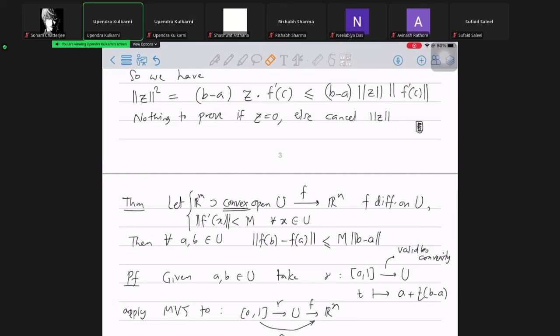What I did not appreciate is that in the hypothesis, when we said that the norm of f prime of x is less than M, what is f prime of x over there? For every x in U, remember the derivative is an operator.